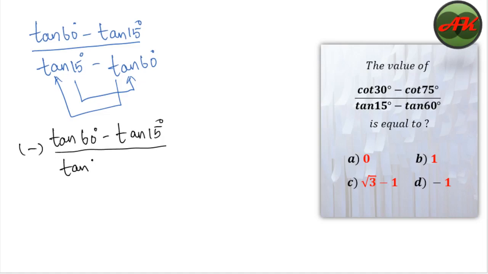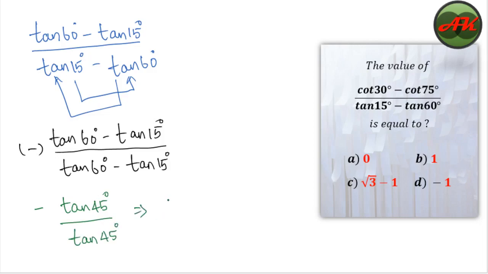So in the same way, denominator as tan 60 minus tan 15. So at last we get minus of tan 60 minus tan 15 is tan 45 degree divided by tan 60 minus tan 15 is tan 45 degree. We know that tan 45 is 1, so minus 1 is the answer. Option D.